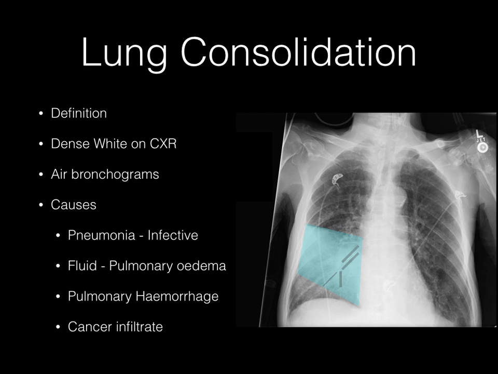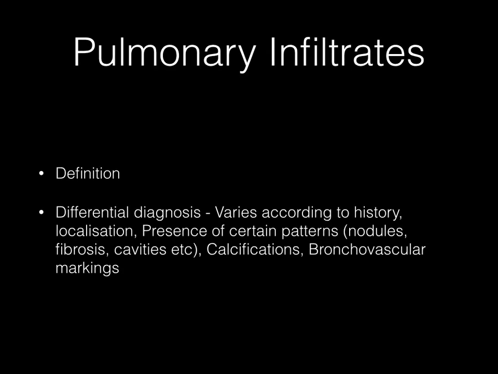Now, we've already talked about the causes for lung consolidation, but let's talk about some of the other things that you may visualize. Not complete opacification, but an incomplete opacification, or what is commonly called pulmonary infiltrates. A pulmonary infiltrate is a substance which is denser than air, such as pus, blood, or protein, which lingers around in the parenchyma of the lungs.